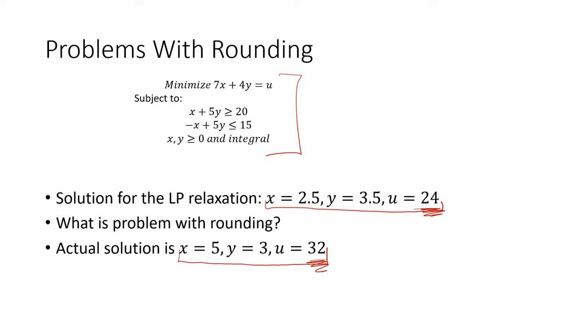It's never as good, or it's never any better. So our minimum isn't as small, but our actual solution looks nothing like the rounded solution from the LP relaxation. So rounding does not guarantee that you are going to get the optimum solution.